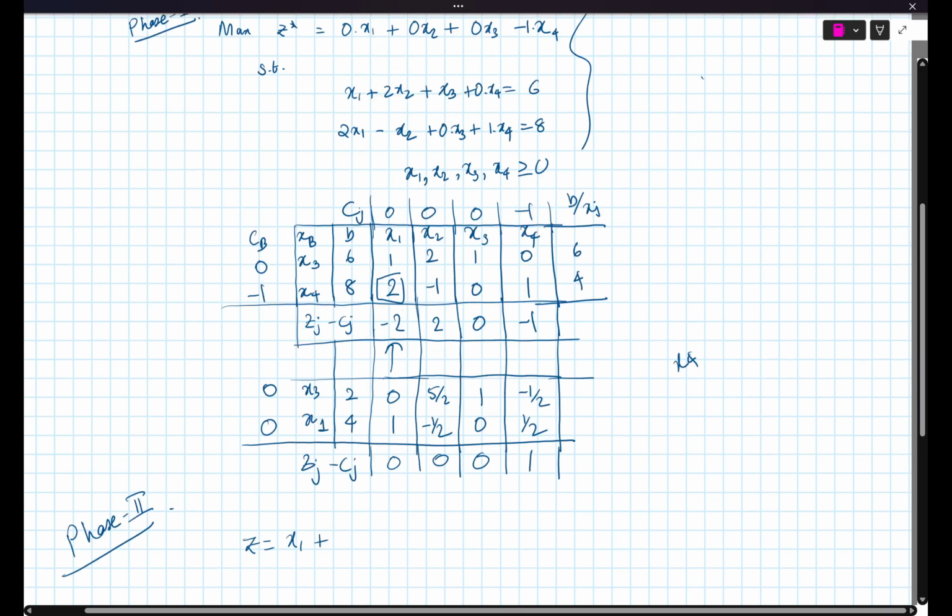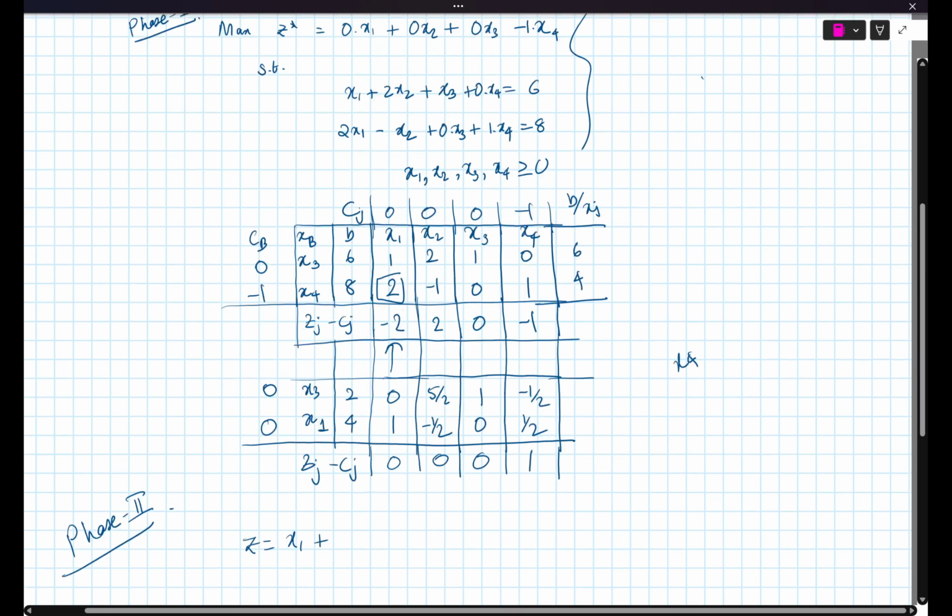So I can make this 4x1 minus 2x2 equal to 16, and if I add these two I get 5x1 equal to 22, right?